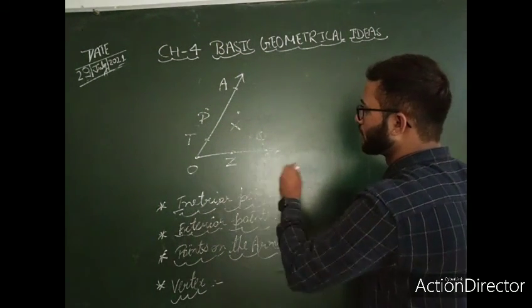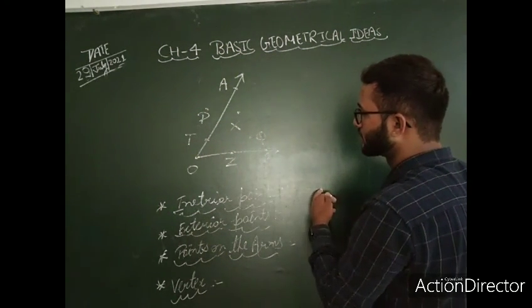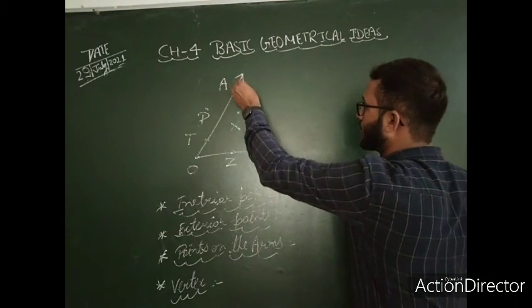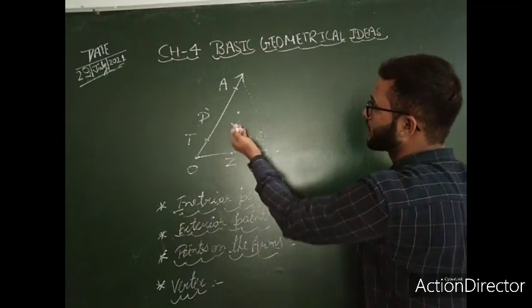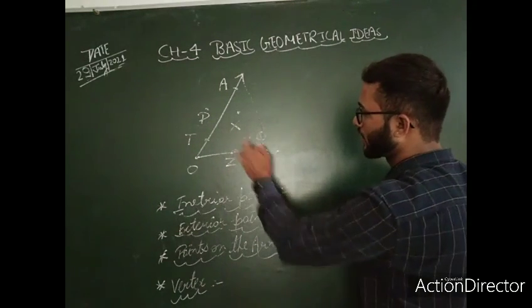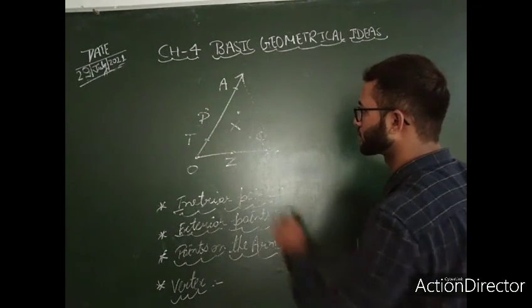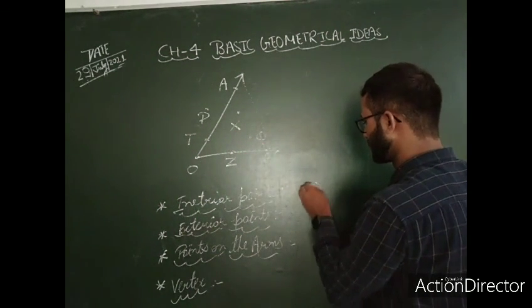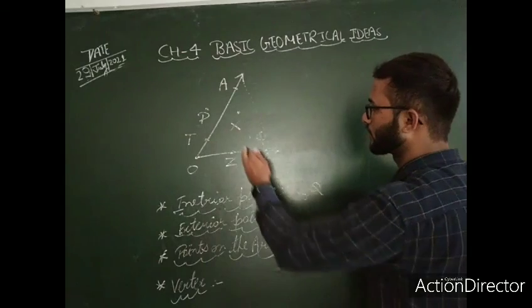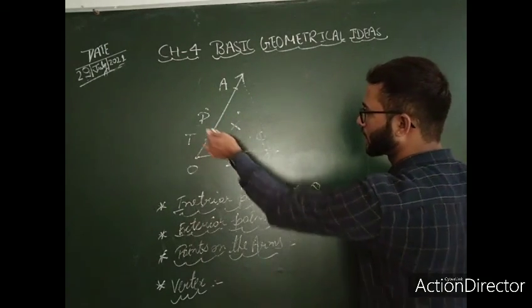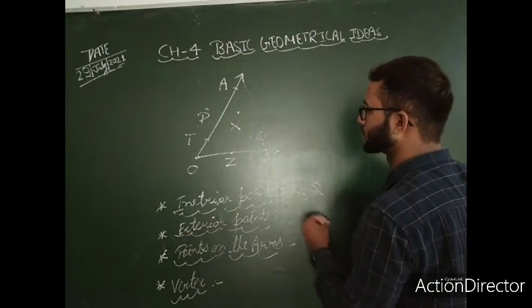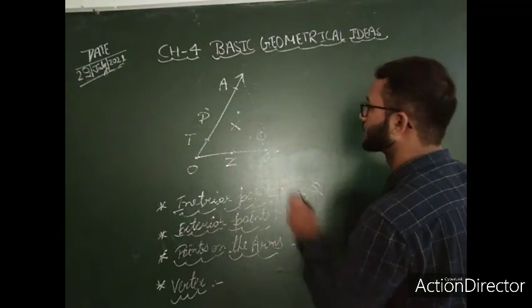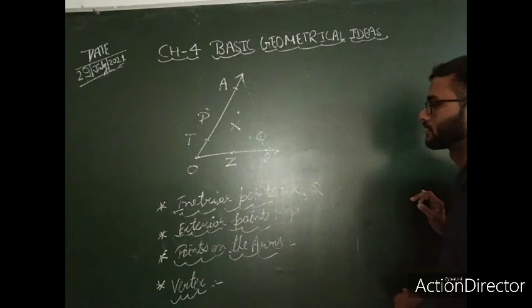Points which lie inside, in this part of the angle, are known as interior points of an angle. So what are the points here? X and Q. Now exterior points: points which lie outside of this angle are known as exterior points. So P is the point which lies outside of this angle.